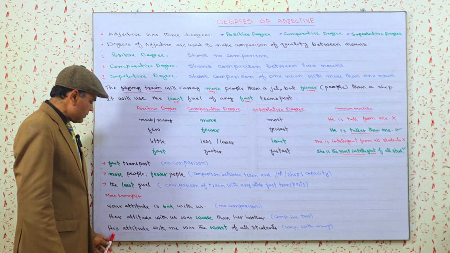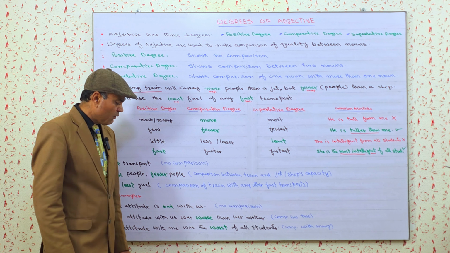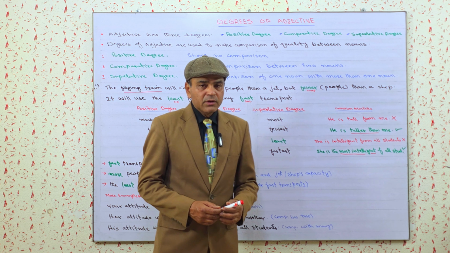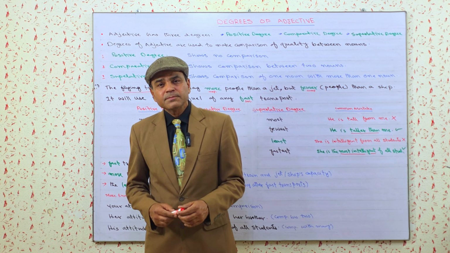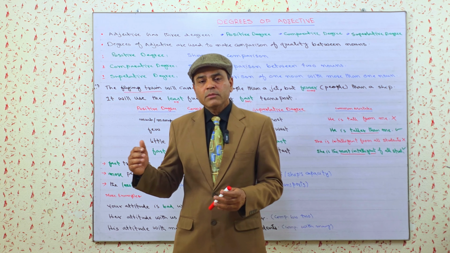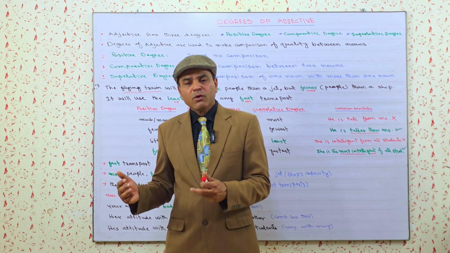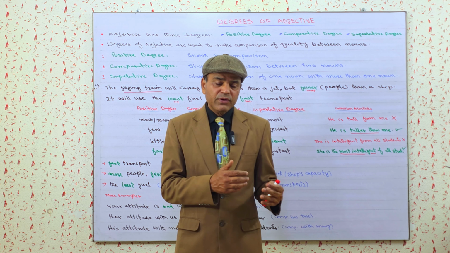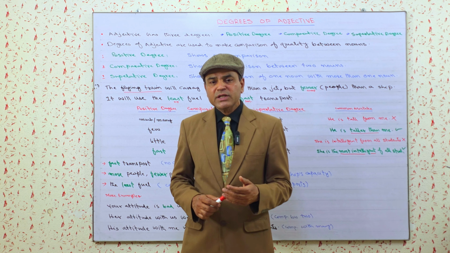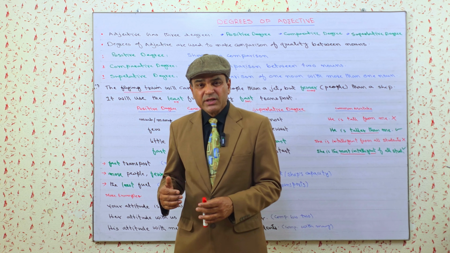His attitude with me was the worst of all students. It means in the class there were many other students. He was behaving in quite a different way with the rest of the students. But when it was my turn, his attitude was worst.